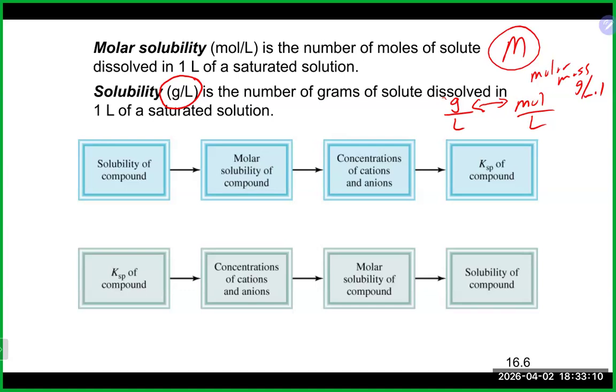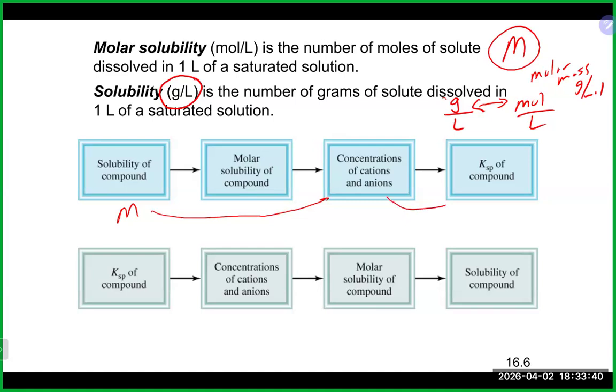There, frankly, are two types of KSP or solubility problems that you come across. One is they will give you the solubility of the compound, and they will ask you to calculate the KSP for that compound. In that situation, what you would do is take the molar solubility usually, and then convert it into the ion concentrations.